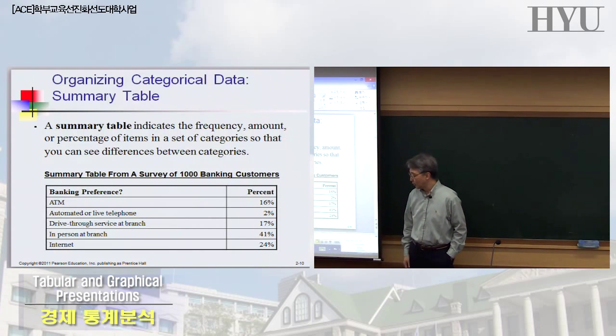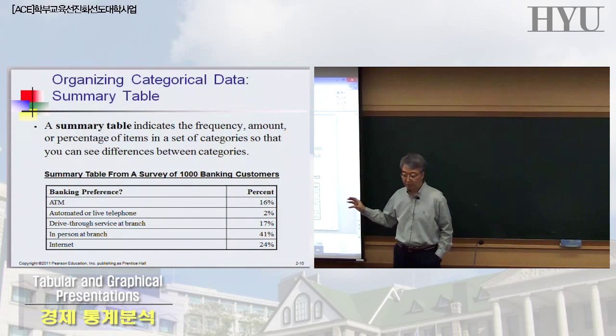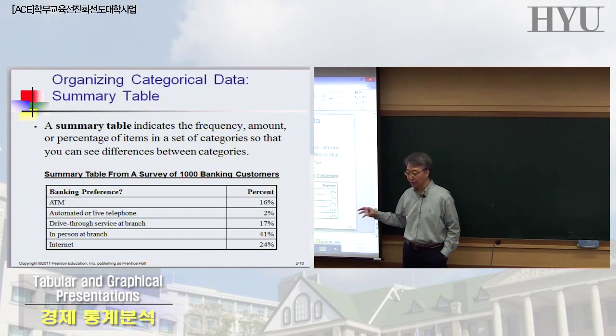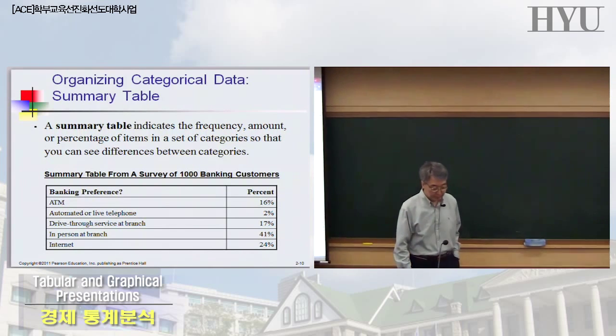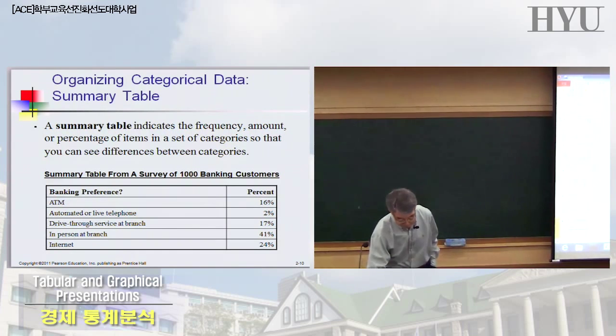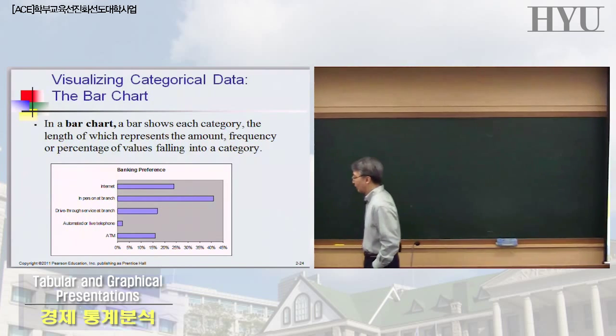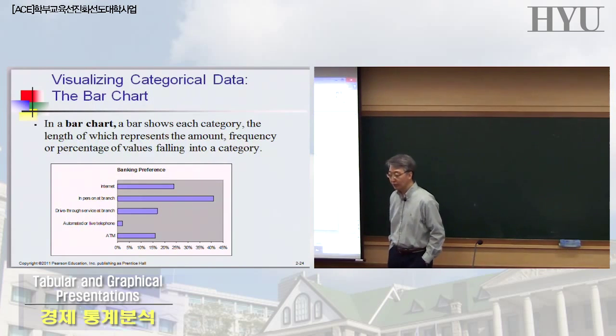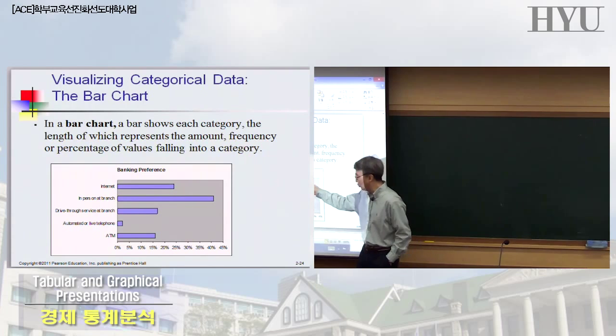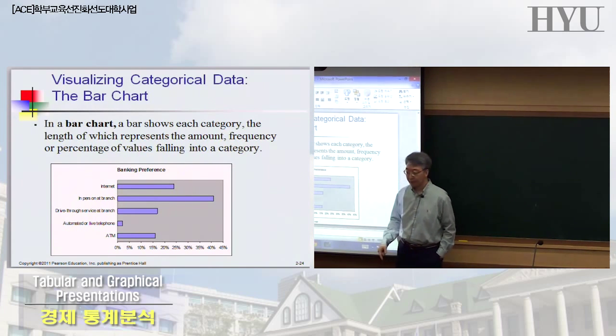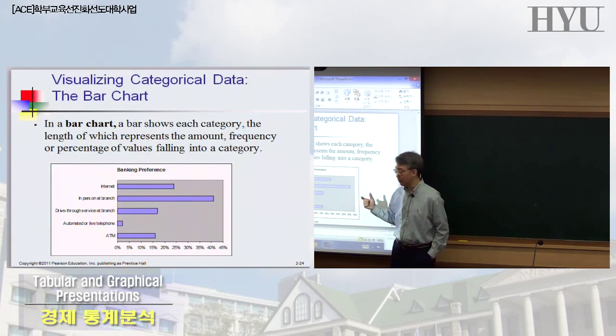For this simple data, I guess it's pretty easy to understand what's going on. But in many cases, we convert this table into a chart, and in this case, a bar chart. Instead of just looking at numbers, if you look at the length of each bar, sometimes it's easier to grasp the difference.